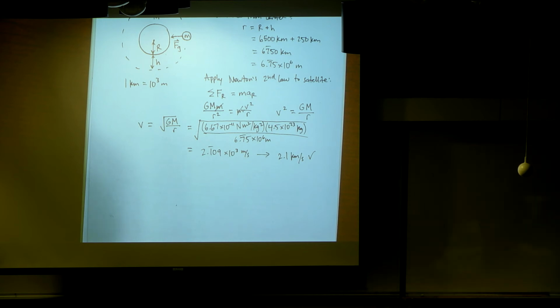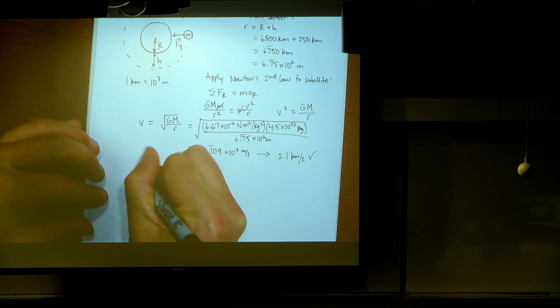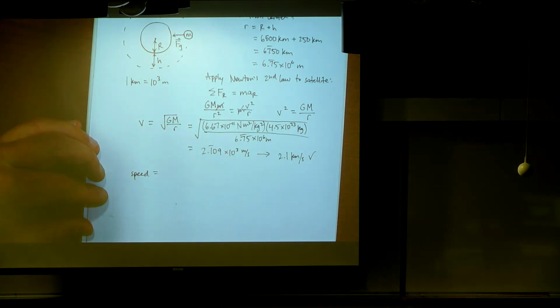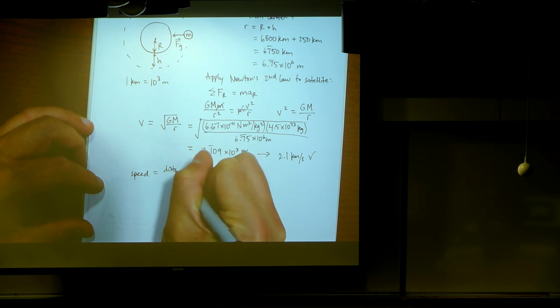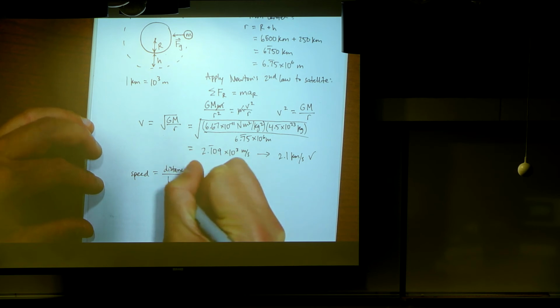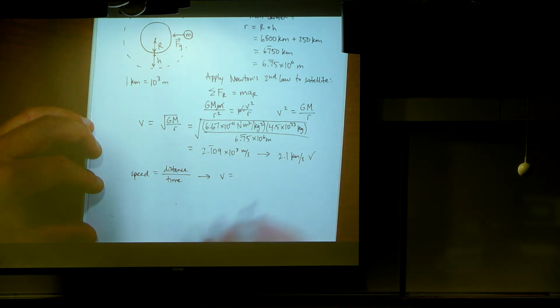I'm going to take it a step back even from there. I'm going to just say speed. One of the first equations we ever wrote down in this class is speed is distance traveled divided by time, right? So what that works out to is v equals distance.